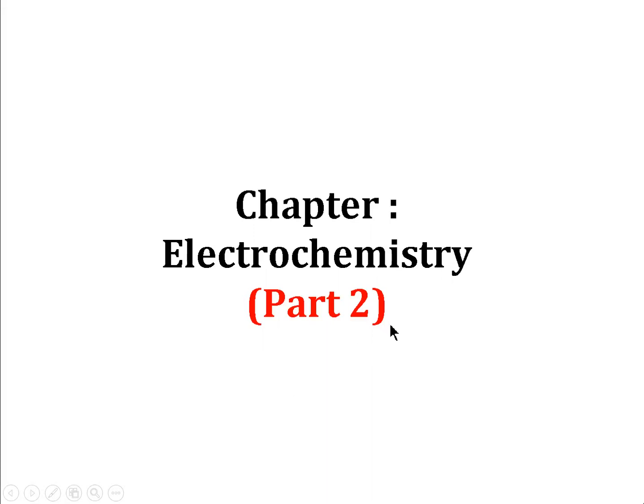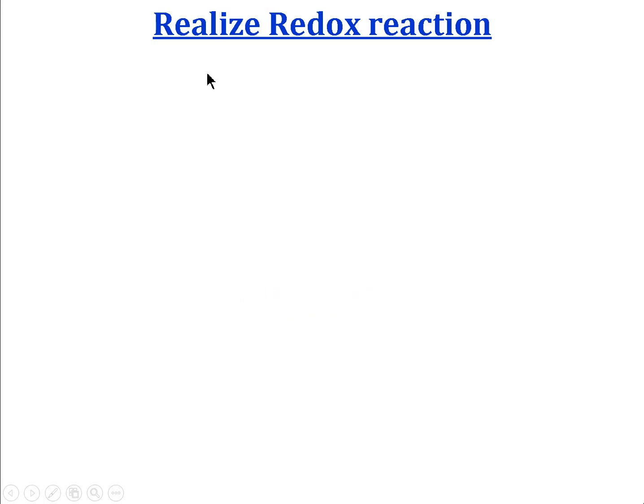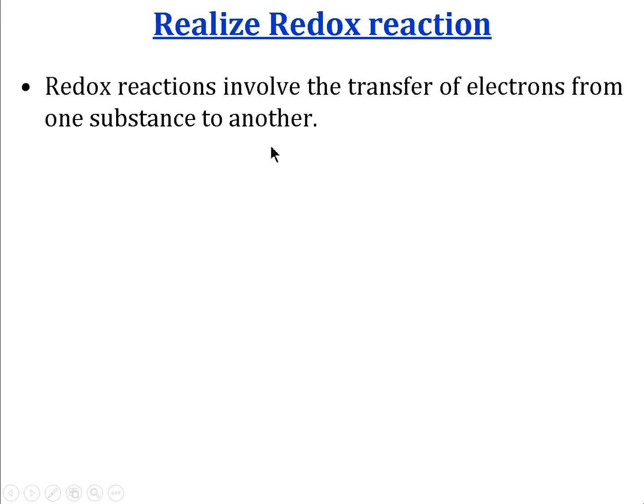of the Electrochemistry chapter. How to realize a redox reaction. A redox reaction, as we explained, is a transfer of electrons between two reactants.